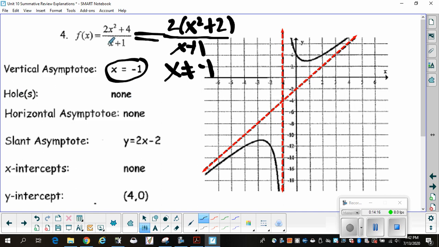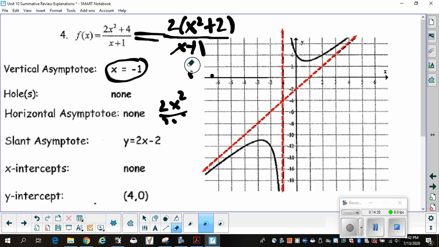A horizontal asymptote. I have 2x squared, so if I do 2x squared over 0x squareds, notice I can't divide by 0, so there's no horizontal asymptote. That being the case, I now have to think about having a slant asymptote.